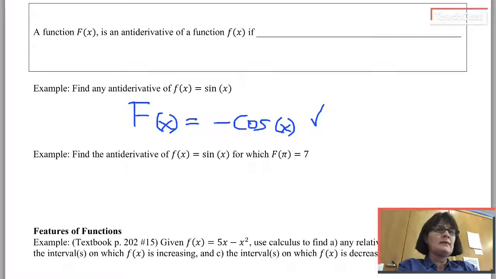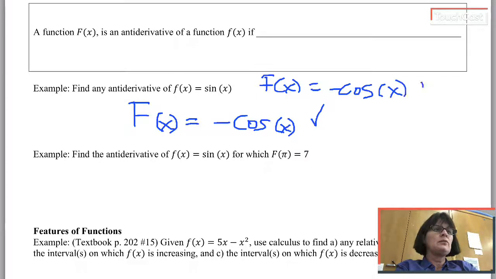So this is a good answer. It's an antiderivative. I could have another one. I could have said F of x is negative cosine of x plus 3, negative cosine of x plus 9, negative cosine of x minus 8.3. So the thing that's different about all the possible answers is the constant at the end.